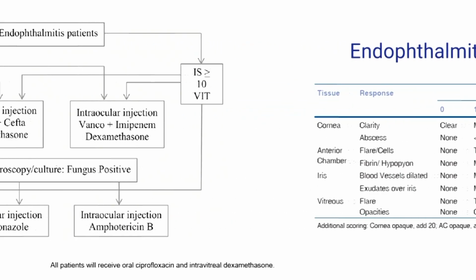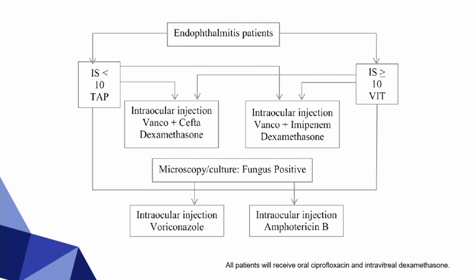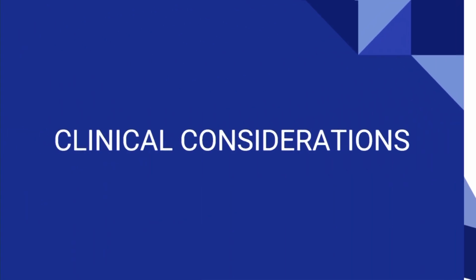Depending on the inflammatory score, if it is less than 10, they have advised a tap and intraocular injection of Vanco and Cefta, or vancomycin plus imipenem, depending on the initial culture and the smear positivity. If the inflammatory score is more than 10, they've advised vitrectomy. Also, all the patients will be receiving oral ciprofloxacin and intravitreal dexamethasone, which was not done in the EVS study.